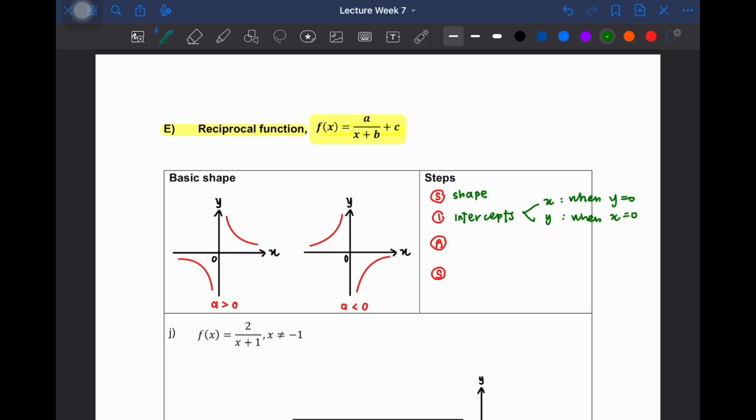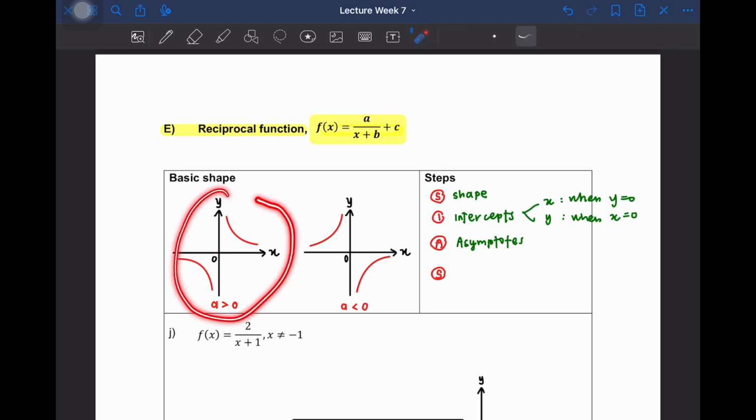Okay, and then A. So, step A stands for asymptote. So what are asymptotes? Asymptotes are the values that madam mentioned earlier. It's a value that your graph will never touch. Okay, so for this one, let's see, we look here. So for the vertical asymptote, the value that it will never touch is this axis, the y-axis, which is x equal to 0.